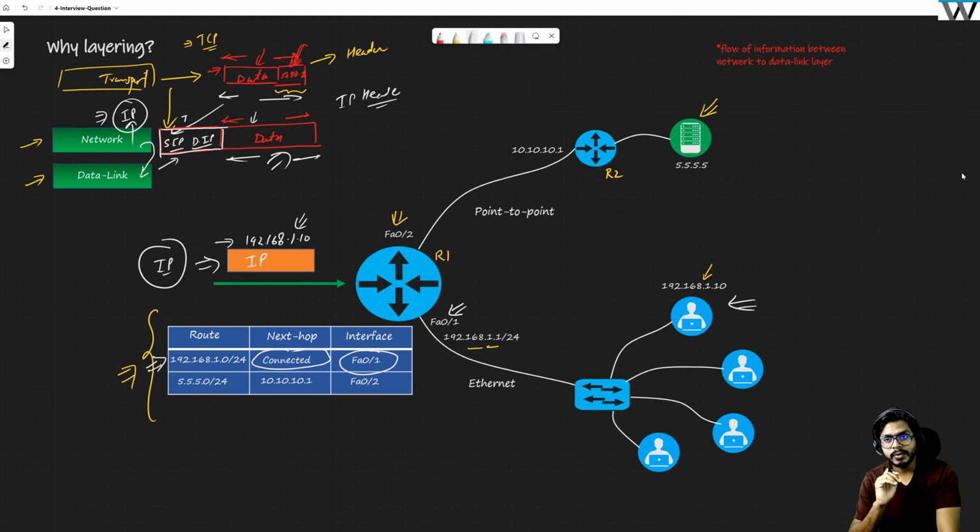How does it know? It knows because it has created the routing table. The routing table has that entry, and how this routing table is created, you all know, because that is explained in video number 3, or question number 3, of this series.